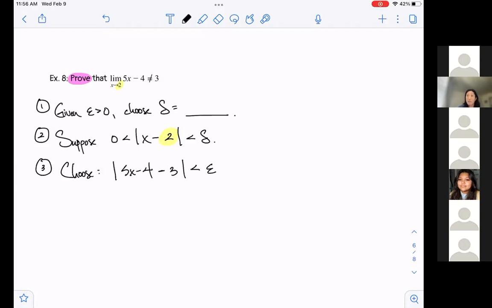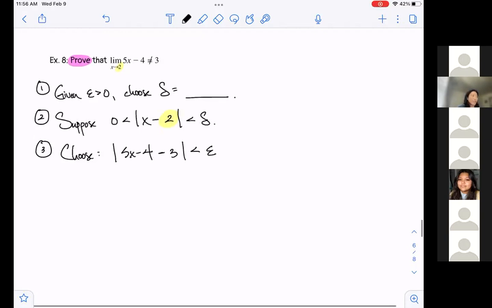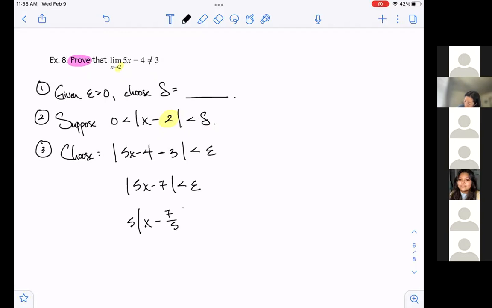If we were proving that it was equal, we would want to show that it's going to get to 3. And so if I combine these, I get 5x minus 7, which is less than epsilon. And if I were to factor out a 5, I would end up with x minus 7/5, which is not the same as x minus 2.